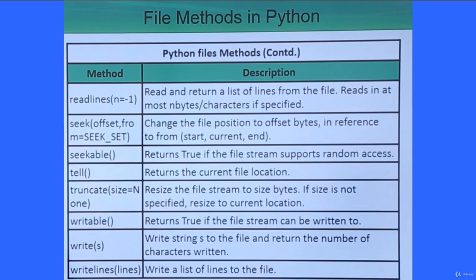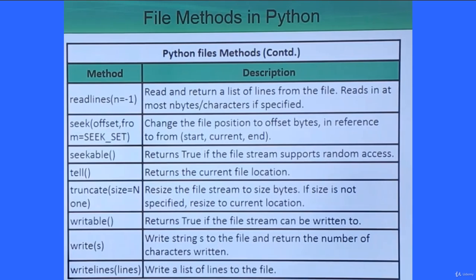Then we have seek(offset, from=SEEK_SET): change the file position to offset bytes in reference to from, which can be start, current or end. So the file pointer will move, making some progress depending upon the parameters we have passed.